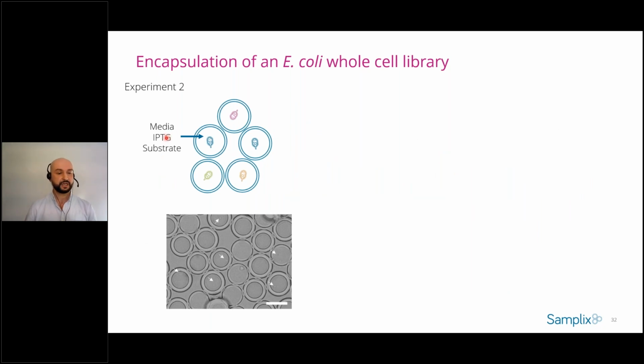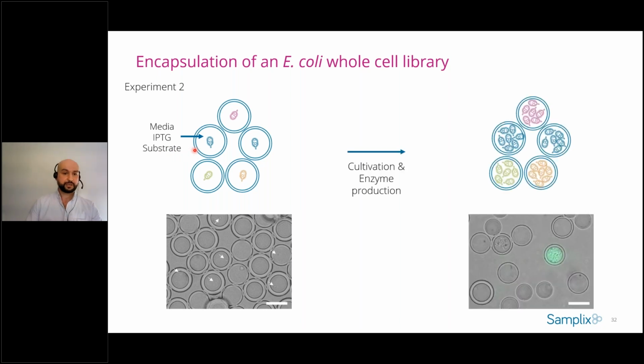Here we directly encapsulated cells from the glycerol stock into the droplets using the Xdrop together with the induction agent and the substrate. Afterwards, we cultivated the cells and initiated the enzyme production in the droplets.